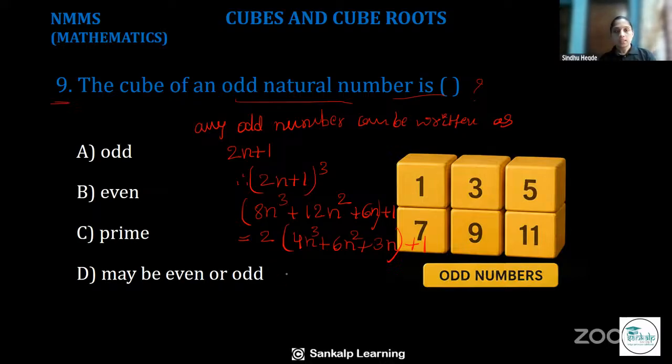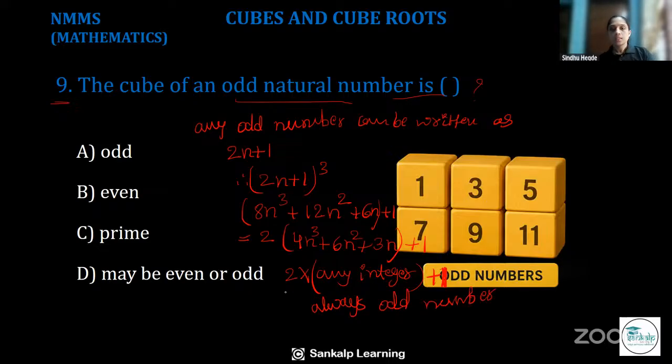Now, since 2 is multiplied with an integer, and lastly it is added with 1, it is always an odd number only. Once it is multiplied with any integer it is a multiple of 2, but in the end 1 is added. So lastly it gives an odd number only.